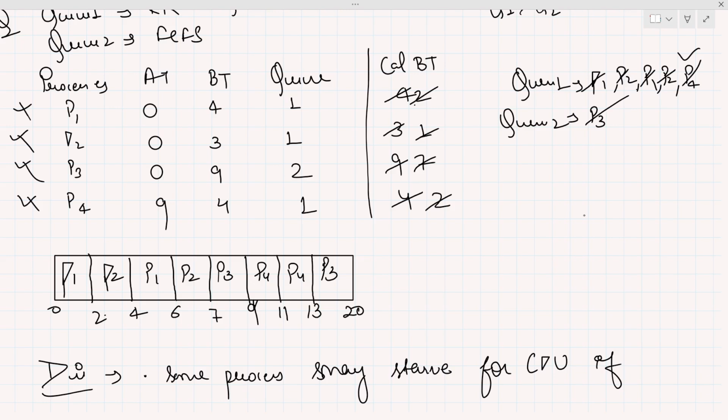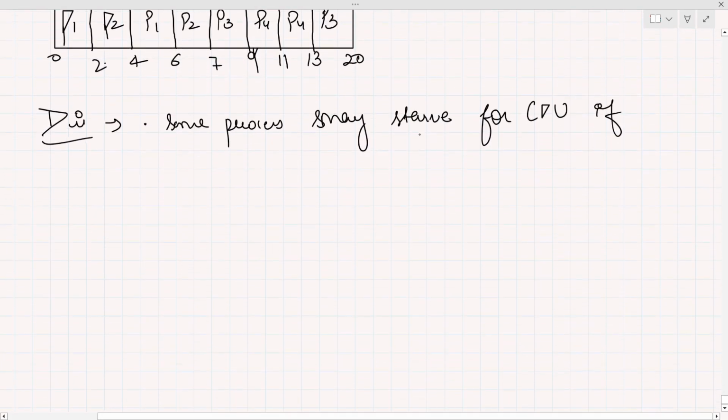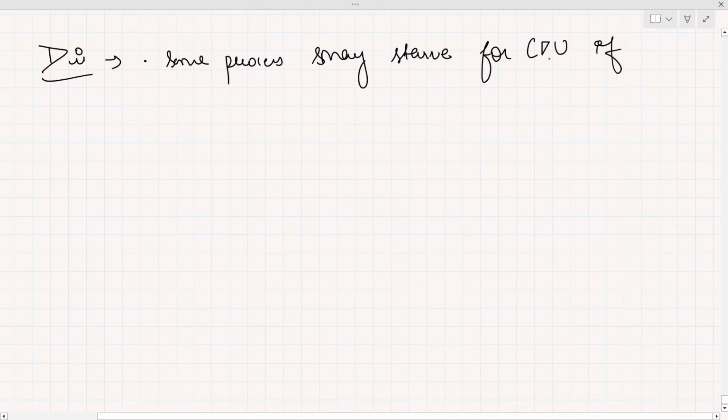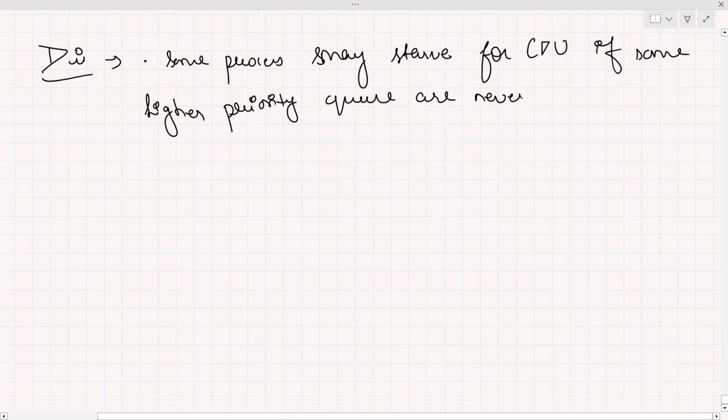Then the processes available in Q2 will never get the CPU. So the processes in Q2 will starve. Starvation happens to Q2 processes if higher priority queues never become empty. So this is a disadvantage of the scheduling algorithm.